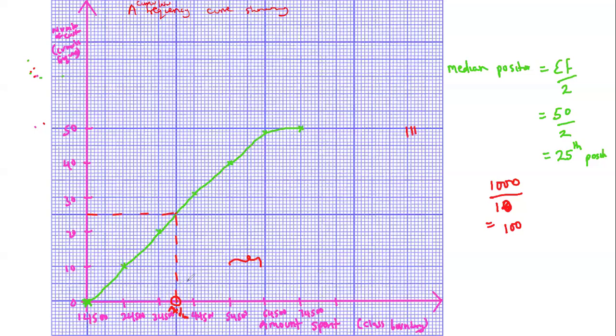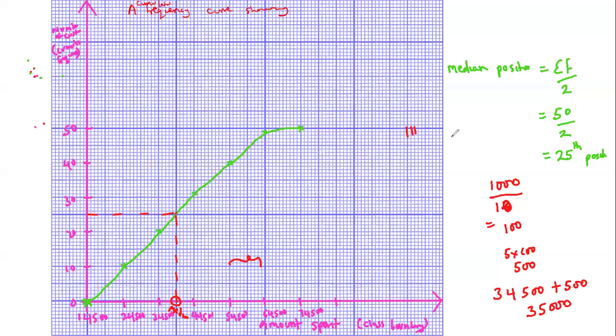Counting 5 boxes, 5 times 100 gives 500. So you add 500 on the 34,500 and end up with 35,000. Also find out from your graph what you are getting.